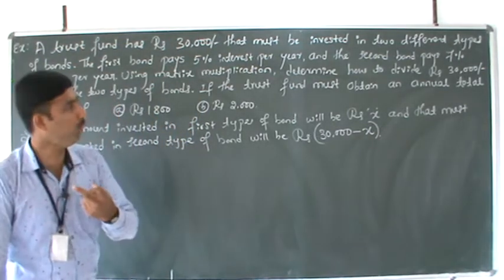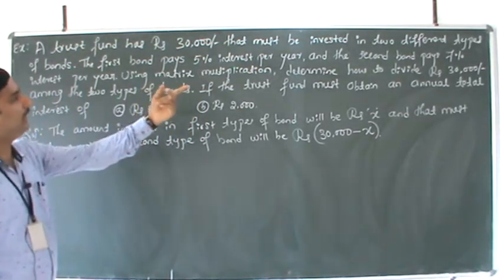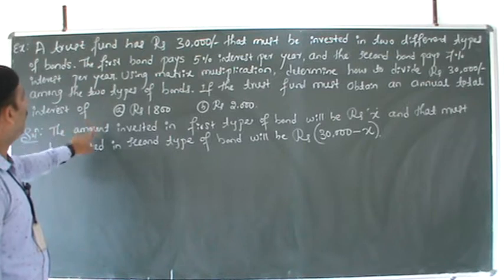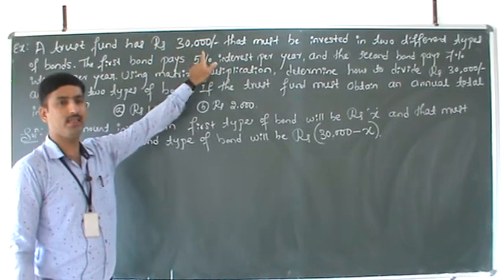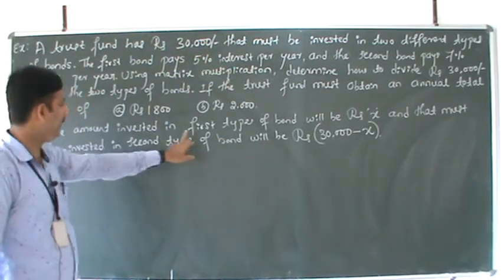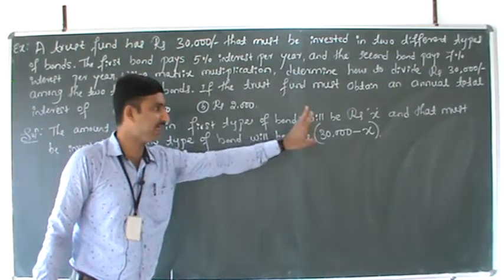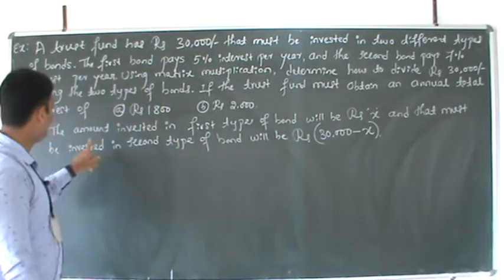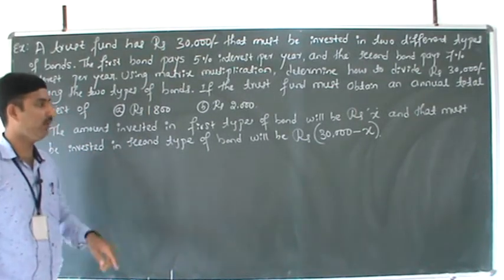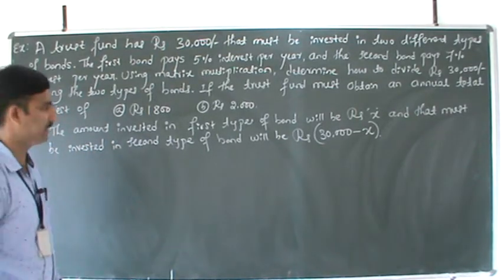We have two bonds, that is two different types of bonds. How to write 30,000? Initially we have to take X. Amount invested in first type of bond will be rupees X, and that invested in second type of bond will be rupees 30,000 minus X.